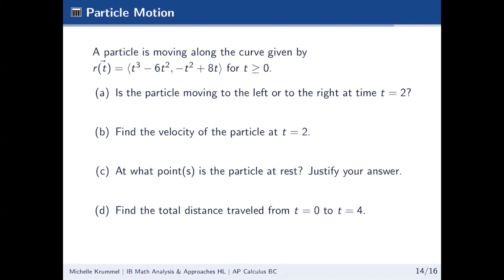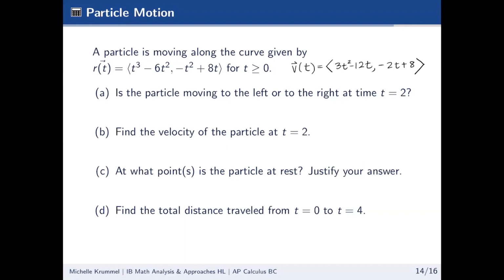And to get our velocity vector, we know that we're just taking the derivative of our position vector. So the x component there, 3t squared minus 12t. And the y component we don't need for this first question, but we might need it later on. The y component would be negative 2t plus 8. So there's our velocity vector. Is the particle moving to the left or to the right?